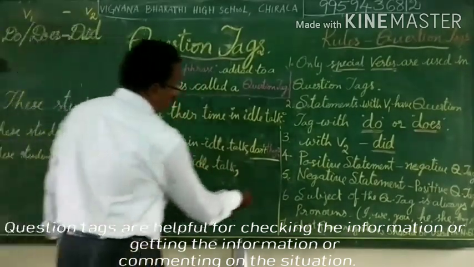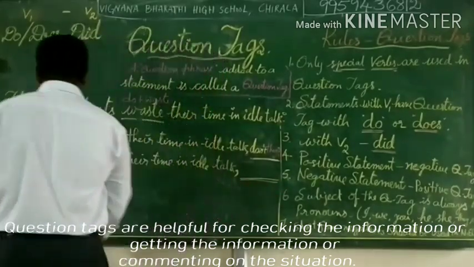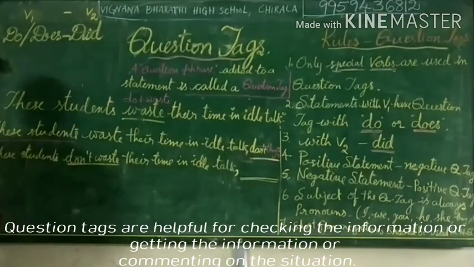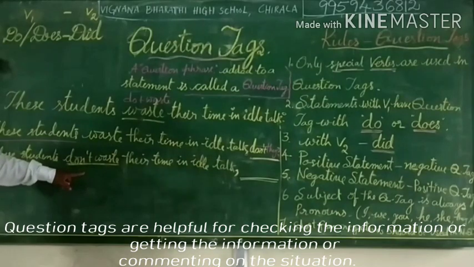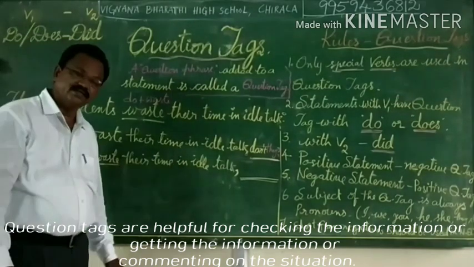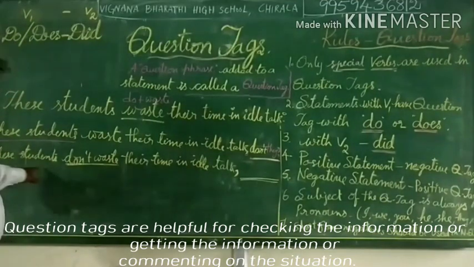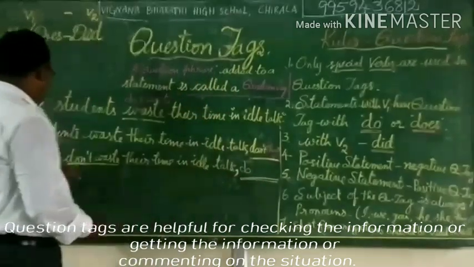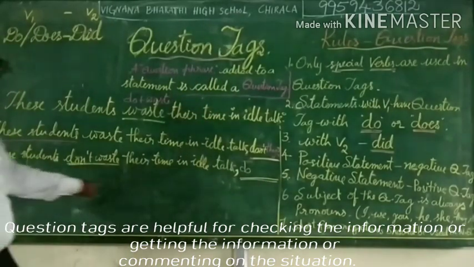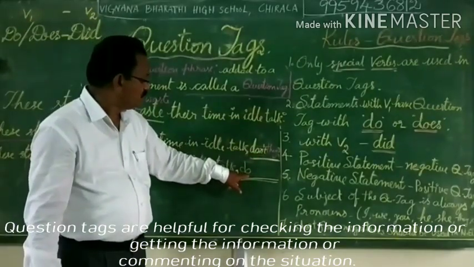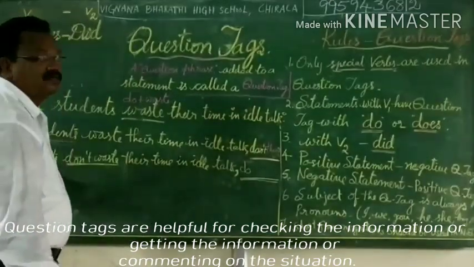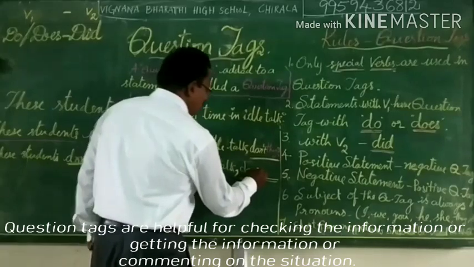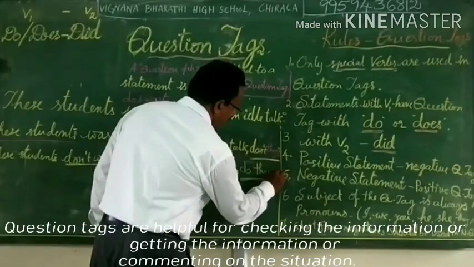We need to make a question tag for this, because already it is negative, do not waste. These students are not wasting their time in idle talk. They are good students. So already do is here, we start with do. The statement is a negative statement, that is why we should not use not here. Do students. For the students, what is the pronoun? They, because plural. Do they?